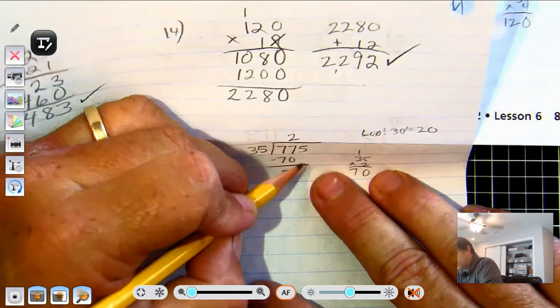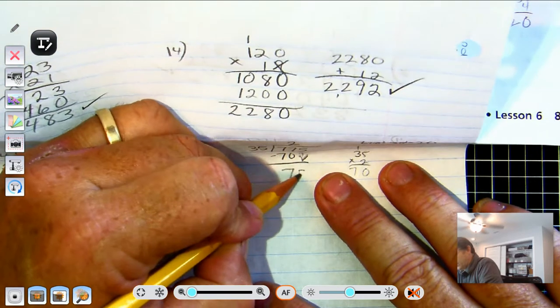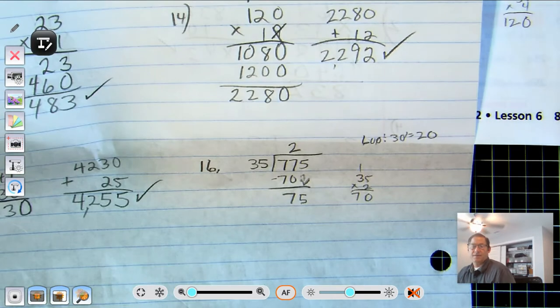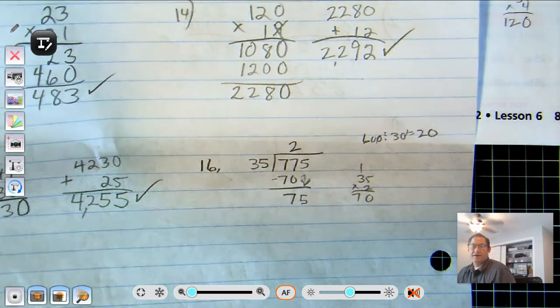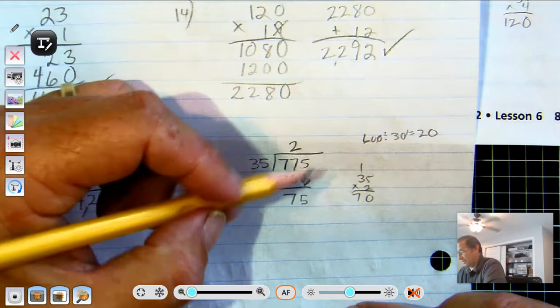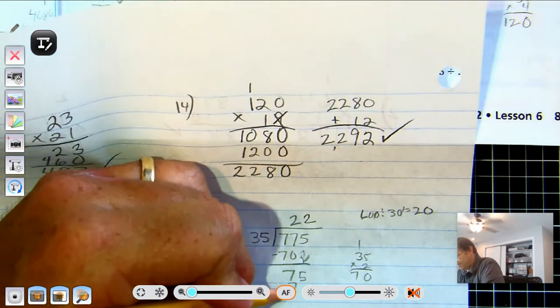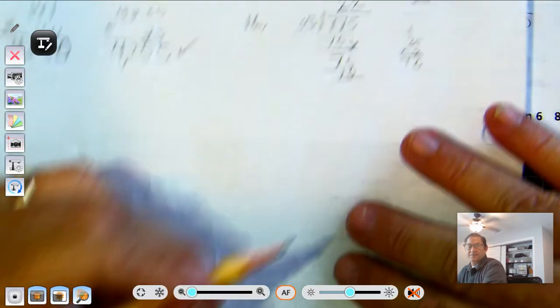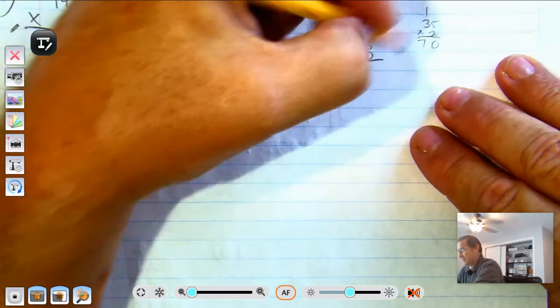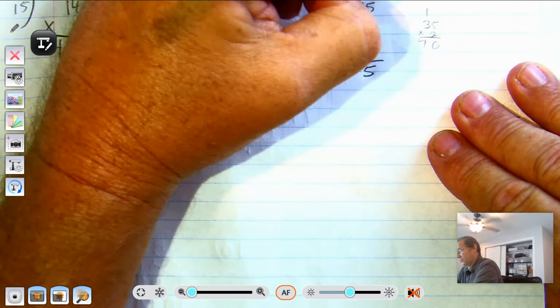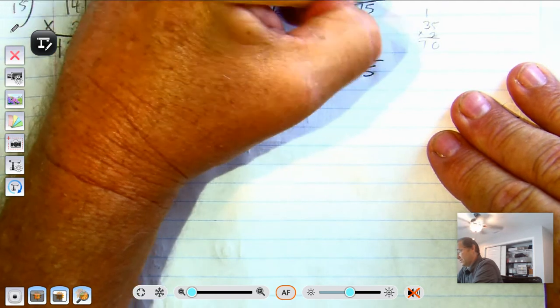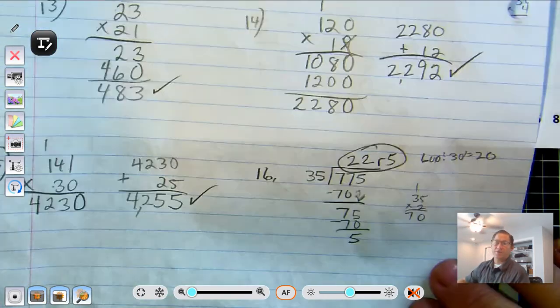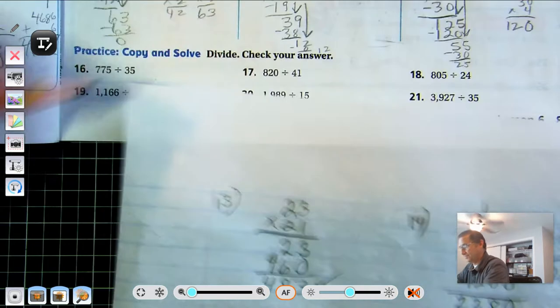Okay. Trade those 7 tens for 70 ones and bring down the 5 ones. 75 divided by 35. Well, you get 2 again, right? Subtract, and we have 5 left over. So we're saying our answer is 22 remainder 5.